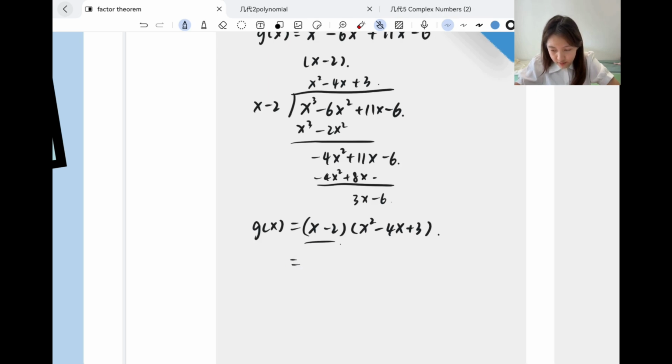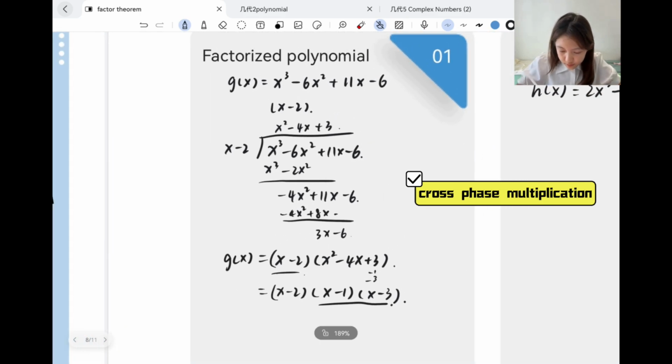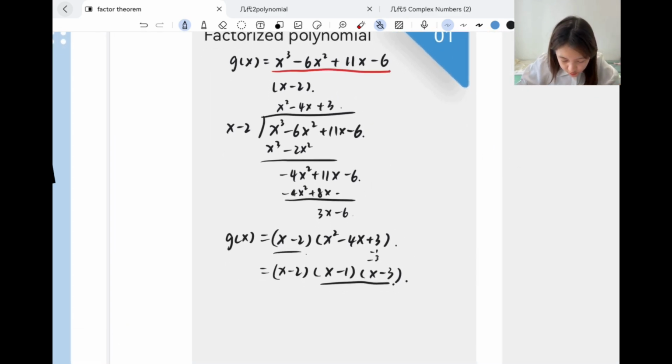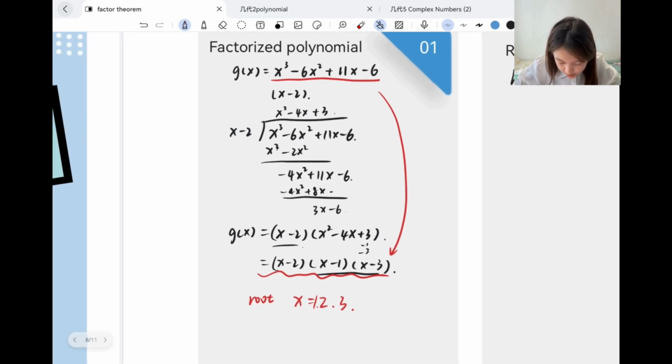We can also find that it can be divided further, as x minus 2, x minus 1, and x minus 3. Then the polynomial equation can be written in an easier way, and then we can find the roots. Let x equal to 1, 2, and 3 be the roots of this equation when the equation equals 0.